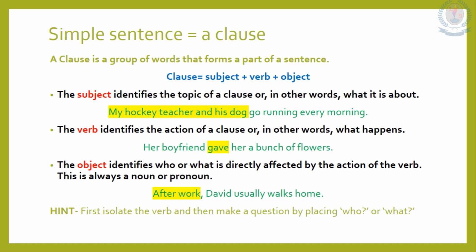So when you want to know what is the subject, the hint is first isolate the verb and then make a question by placing who or what. So in the first one, who goes running every morning? My hockey teacher and his dog. In the second example, who gave her a bunch of flowers?